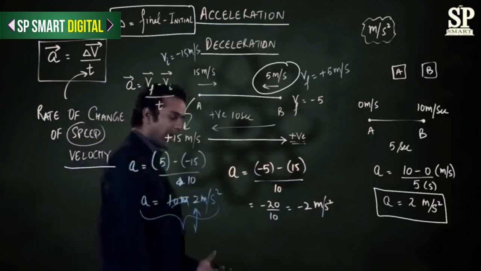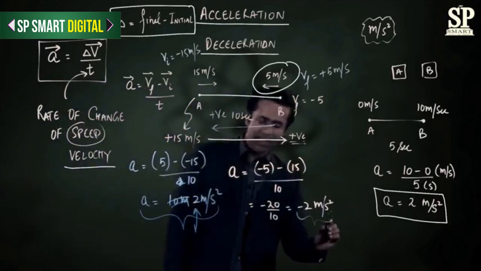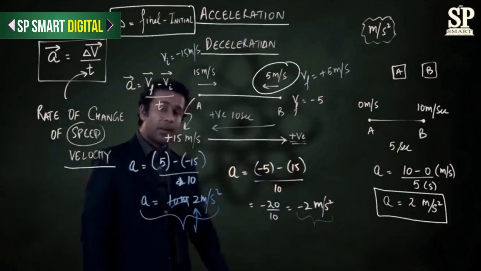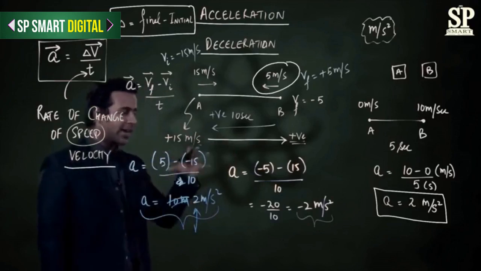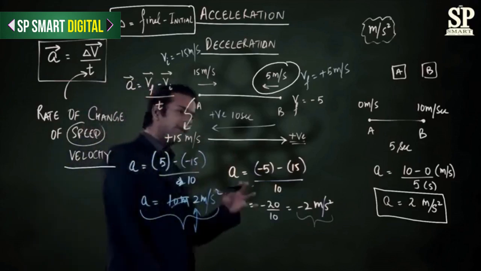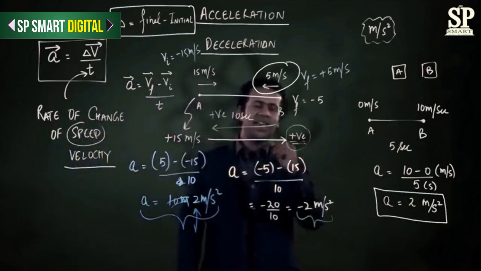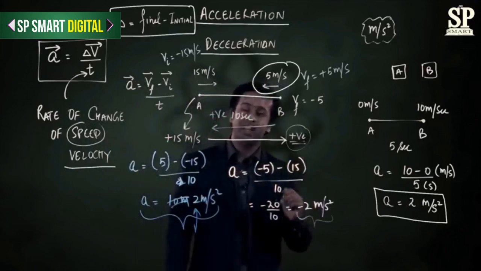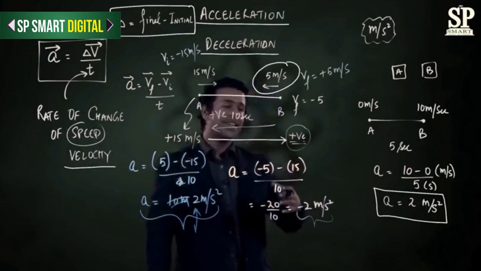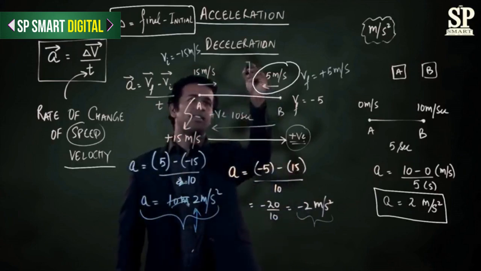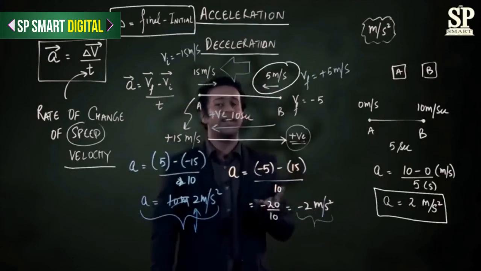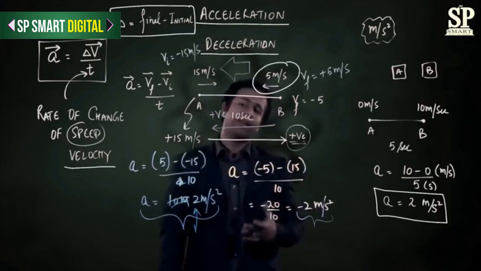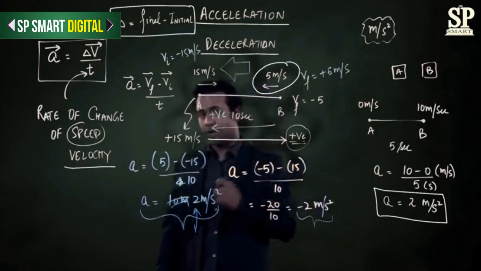Right. So here we see that our answer has changed. But we had discussed that sign convention should not matter. So let's understand why. In the first case, we had taken this direction as positive. We got our answer as negative, which means that acceleration was in this direction. Right? Because since it is negative, it must point in the direction opposite to the one we have taken as positive. Right?